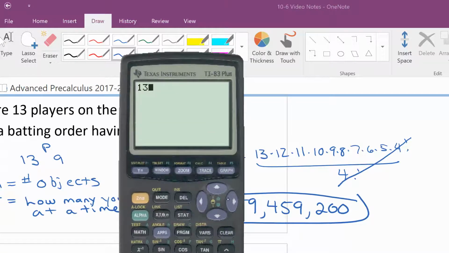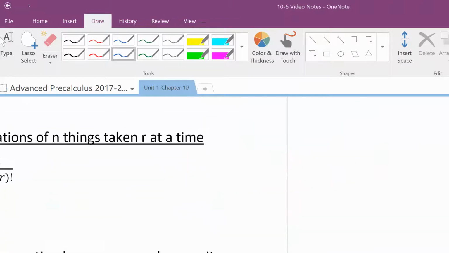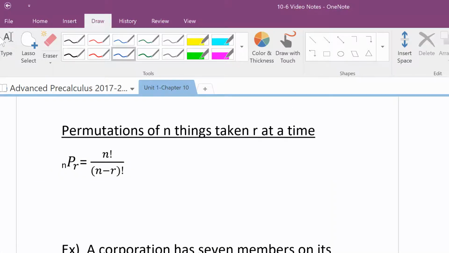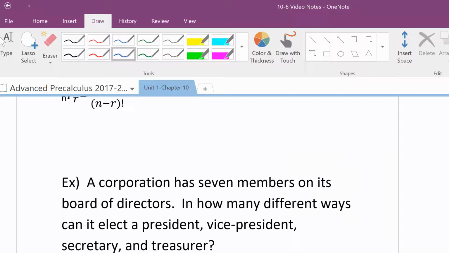So you go 13, and then down to the second one, nPr, and then you hit 9. And then you hit enter, and notice it gives you the same amount. So that's how you would type it in your calculator for the permutations. So below is the formula. Remember, n is the number of objects, r is how many you're using at a time.